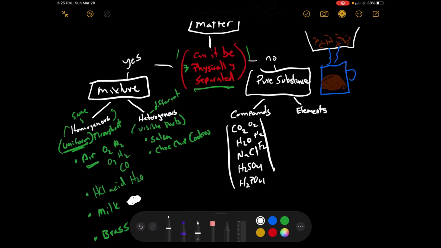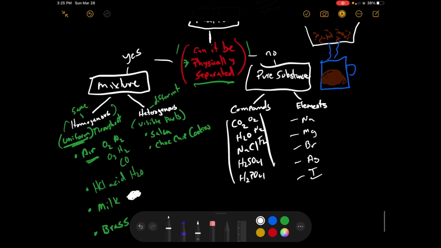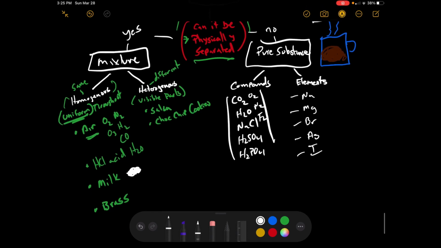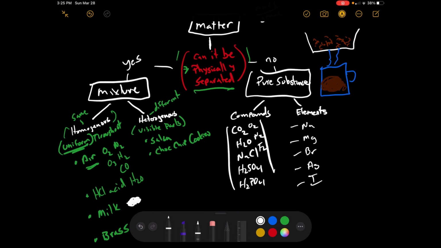So an element would just simply be those things like Na, magnesium, bromine, arsenic, iodine. These are the single elements that are on the periodic table. And so you have these pure substances. And so if you ask yourself, can it be physically separated? Now these can be chemically separated, but they can't be physically separated.